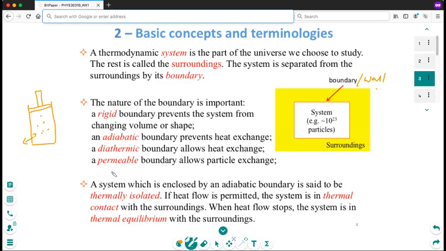Okay, so if you have a system which is enclosed by an adiabatic boundary everywhere, you cannot really inject heat into the system. For example, a thermal bottle is a good approximation, because there you have a volume of water, and then you have a vacuum in between.